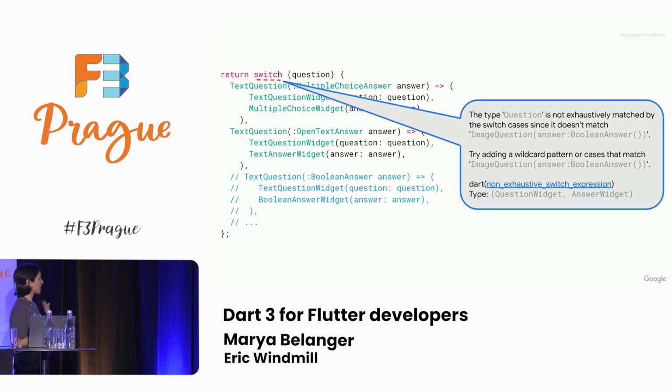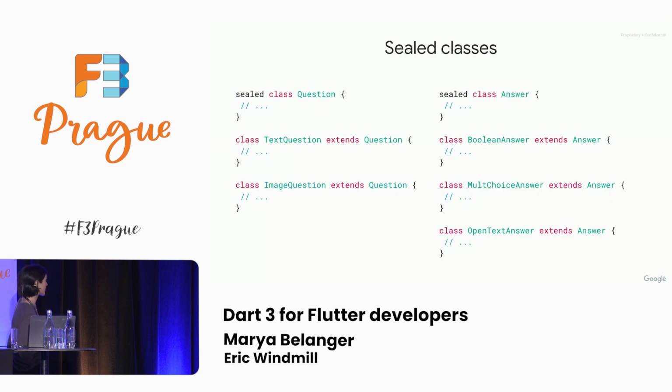But how does it do this? Because technically you can extend or implement a class from anywhere in Dart, right? So how can the compiler really be sure that it's exhaustively aware of all the possible cases? So the way exhaustiveness checking works in Dart 3 is, of course, because of patterns and because of switches, but also thanks to this new class modifier, sealed.